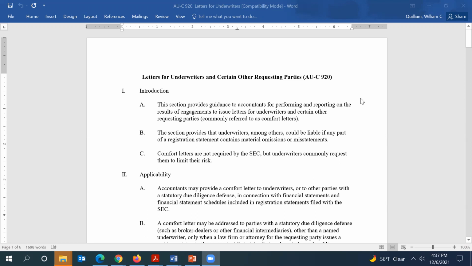Well, we're not going to talk about those types of things. So we will talk about insurance underwriters or loan underwriters.